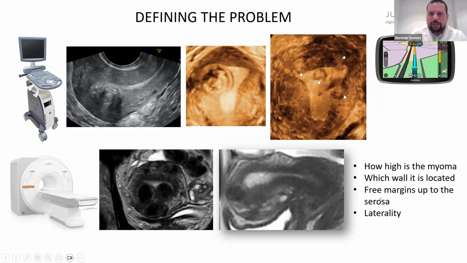Another important aspect is the free margin from the myoma to the serosa of the uterus, because knowing that, we can go with confidence during the surgery to approach the cavity without fear of perforating the uterus or complicating the case. And also we can evaluate the laterality of the lesion.